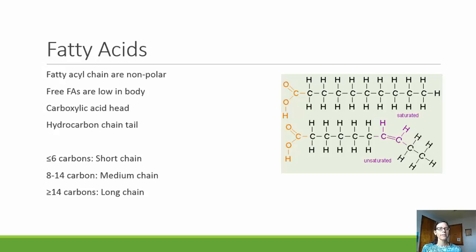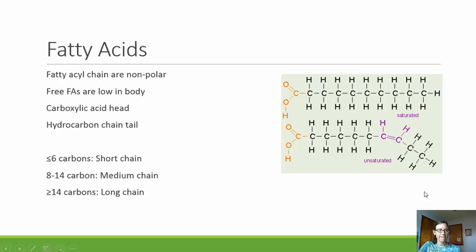Okay, so let's talk about fatty acids a little bit more. We know that our fatty acid chain is nonpolar, and that free fatty acids are really not that ubiquitous in the body. Usually they are esterified to a glycerol backbone, especially in the form of triglycerides. They have this carboxylic acid head and this hydrocarbon chain tail.